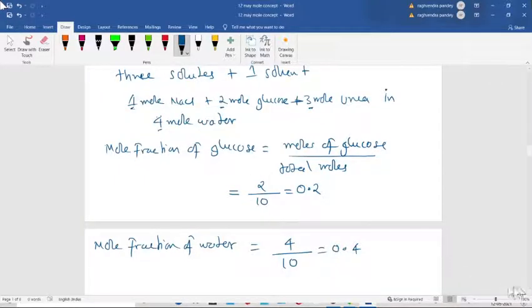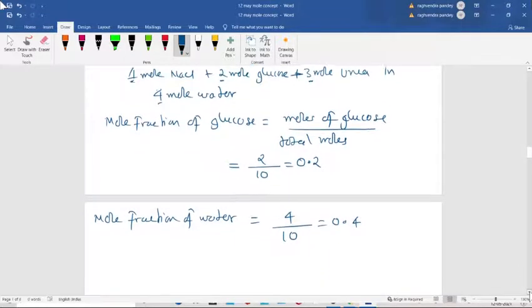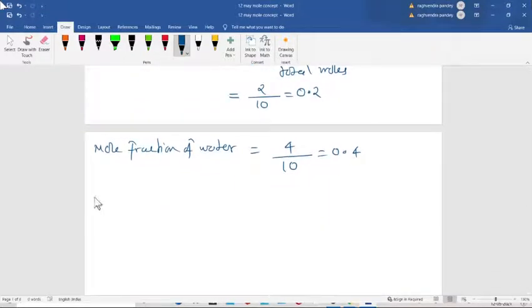Now if I say mole fraction of NaCl, only 1 mole is there. Mole fraction of NaCl, so that will be 1 by 10, so that will be 0.1.